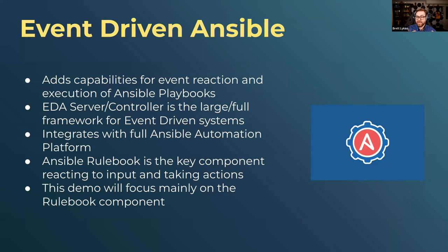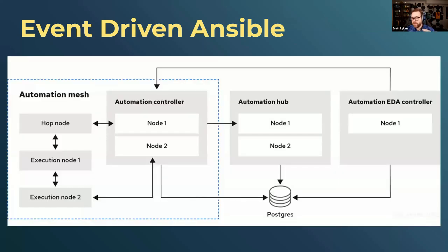Where it starts to become really necessary for the larger scale EDA server is if you're trying to scale up and doing this at an enterprise scale where you're doing thousands of different webhooks that take thousands of different actions. You want something like EDA server orchestrating that larger scope. But again, for what we're doing, we don't need all of that.